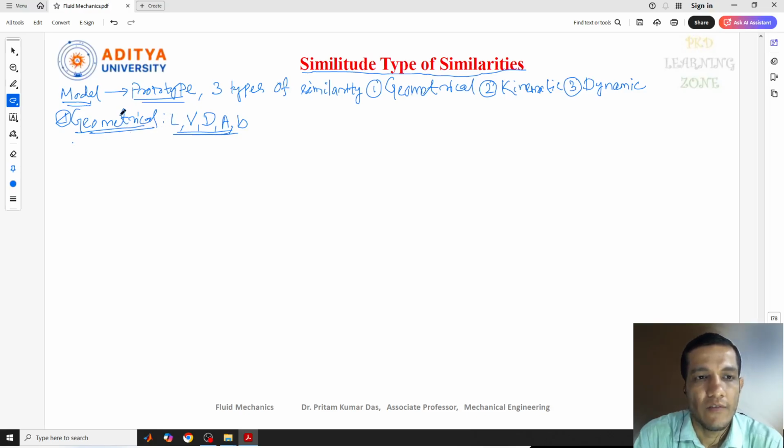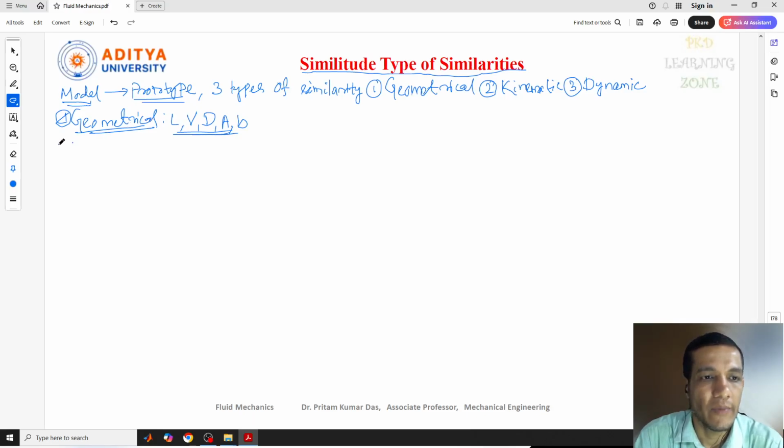If you create any kind of model, obviously length or some kind of dimensions will be there. So that is nothing but dimension, and it may be a linear dimension. So the ratio in the geometrical similarities, how can we write it?